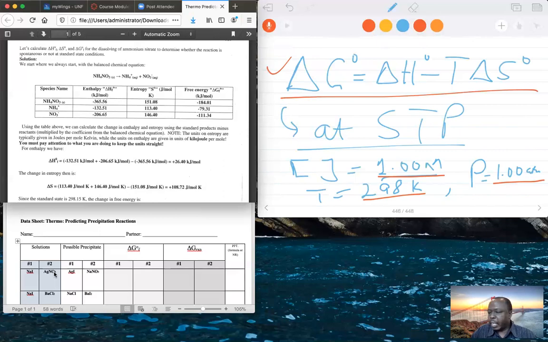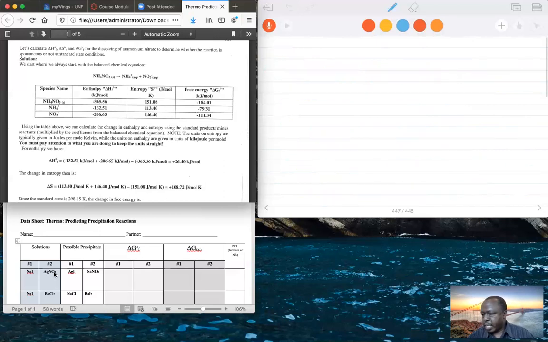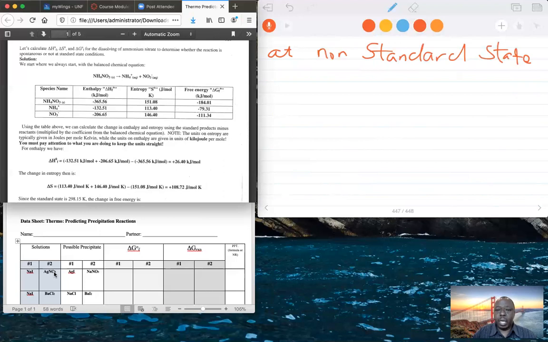At non-standard state, we can still determine whether the reaction will take place or not, and that is what we are going to use in completing the data sheet.